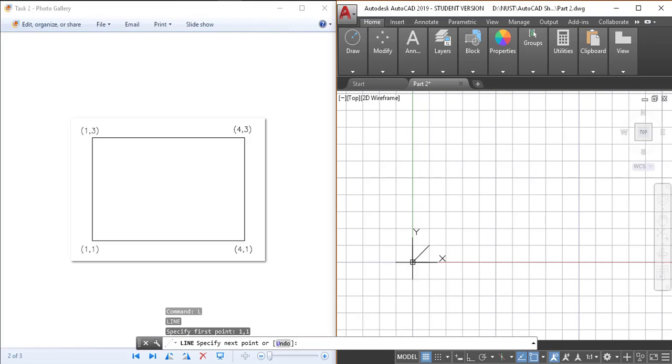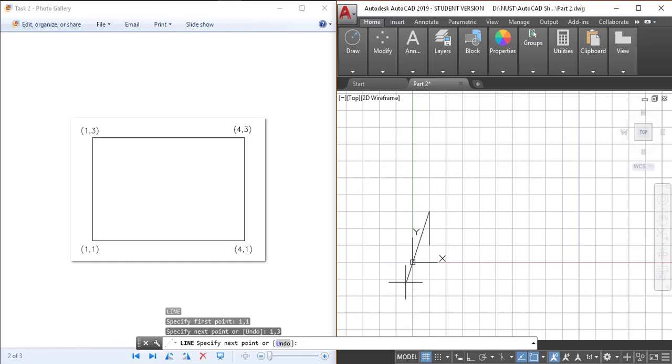So we have to move 1 unit in x-axis and 1 unit in y-axis. So what's the next point? Next point is 1,3. So we just have to type 1,3.